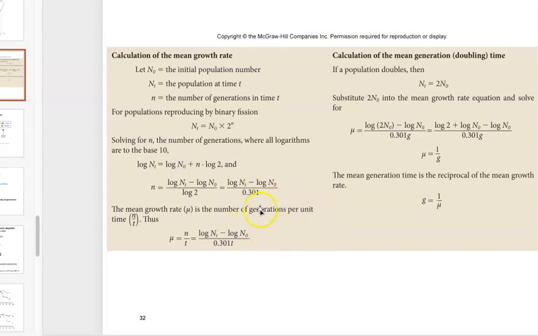We usually talk about this per hour so we can be more apt to have whole numbers. But with doubling times, we tend to put these in minutes. So again, if your doubling time is 20 minutes, meaning that the population doubles every 20 minutes, then your growth rate per hour is 3. So it would be 3 generations per hour.